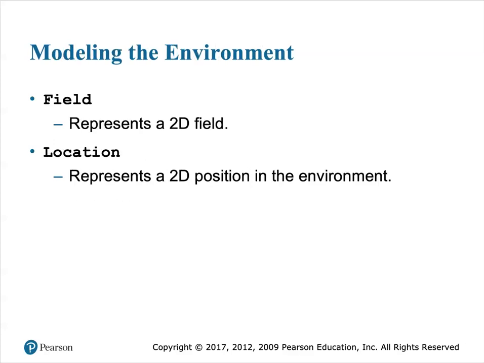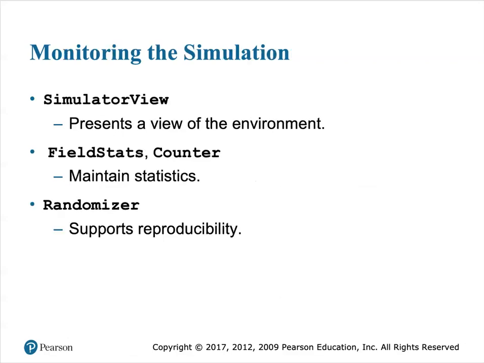There is a field class. A field is a two-dimensional representation of locations, and a location is an individual position inside of that field. There is a simulator view, which will go and look at that field class and draw a visual representation of the different locations depending on if it houses a fox or a rabbit or is empty, on the basis of the way the behaviors are defined in the simulator.